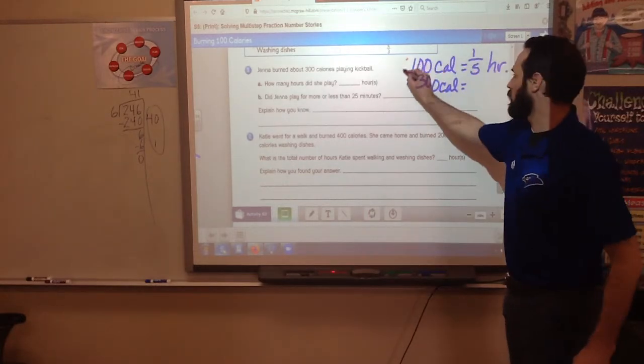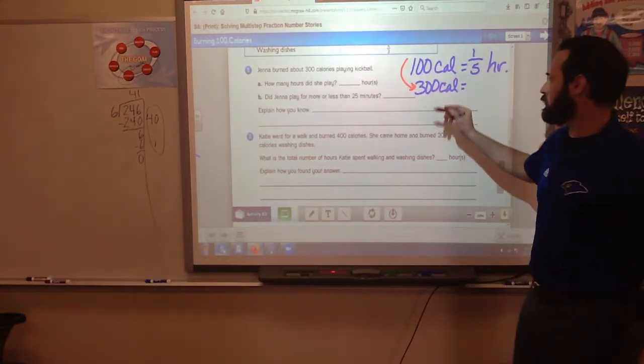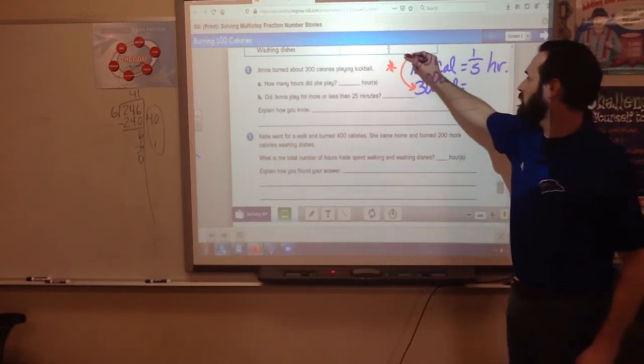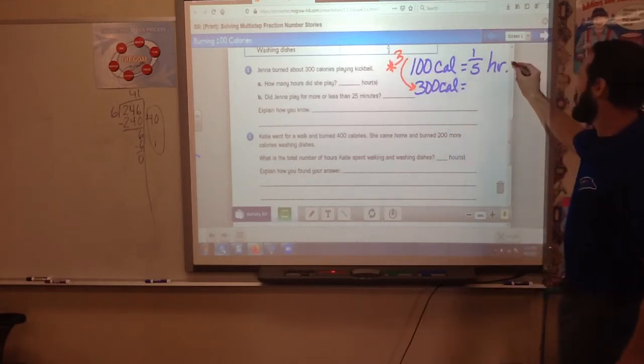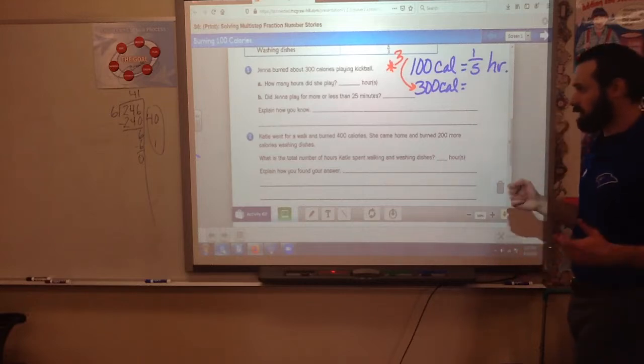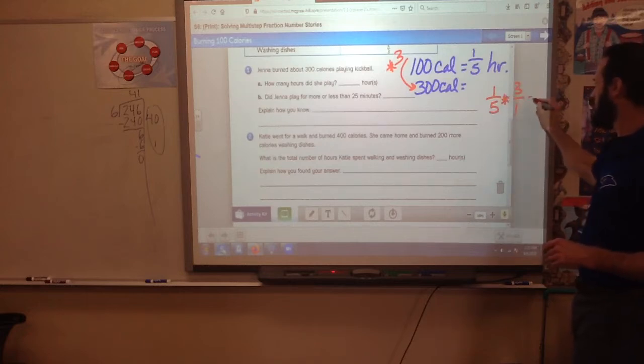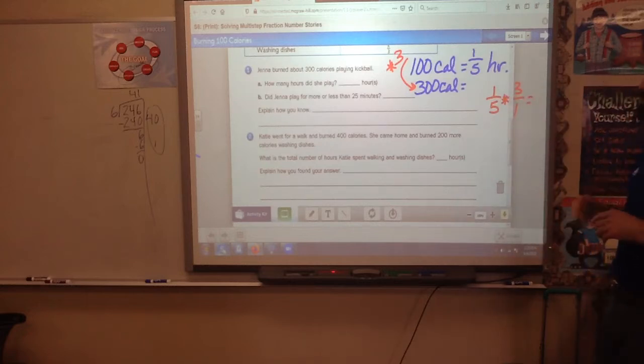If you're going from here to here, what would you have to do to go from 100 to 300? Multiply by 3. So that means we need to multiply this also by 3. So if it takes 1/5 of an hour, we're going to multiply that by 3 over 1, which is something that we've done a lot of. Go ahead and do that and figure out what your answer would be.